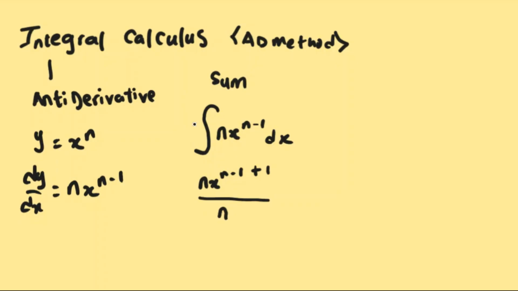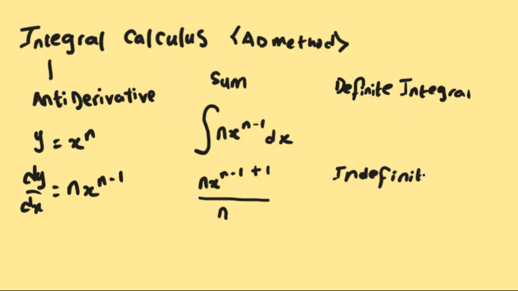Now, one thing you need to understand is that we have two types of integral. We have what we call a definite integral, and we also have what we call an indefinite integral. The representation of a definite integral is when you have your lower and your upper boundary.